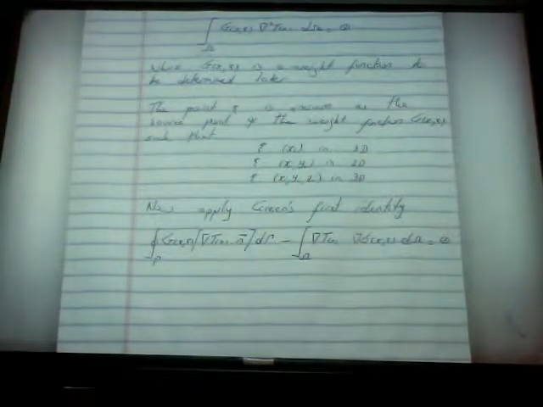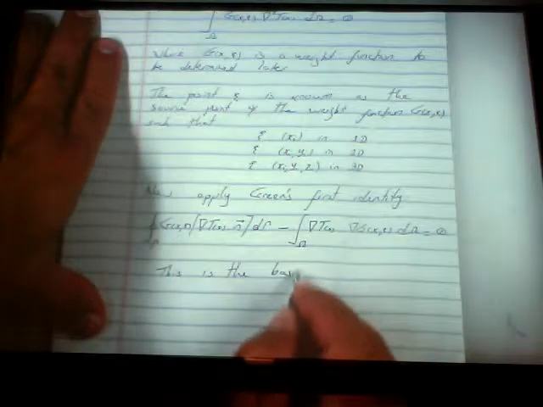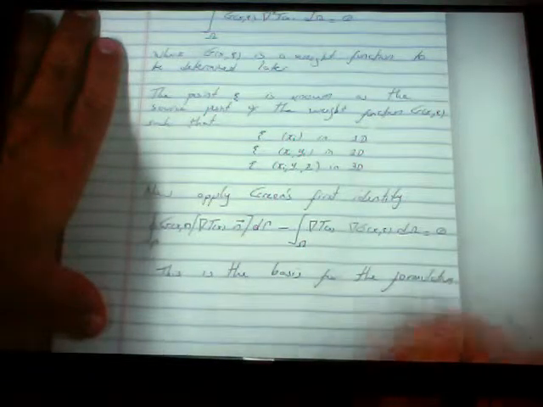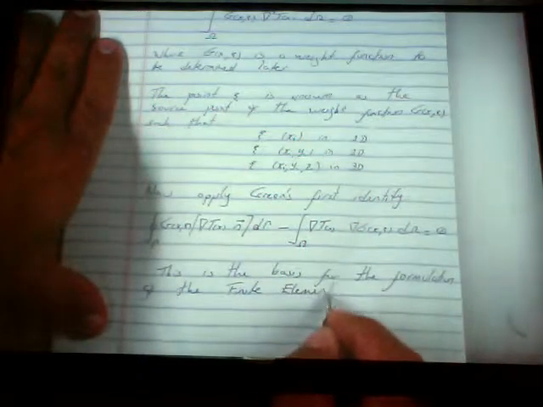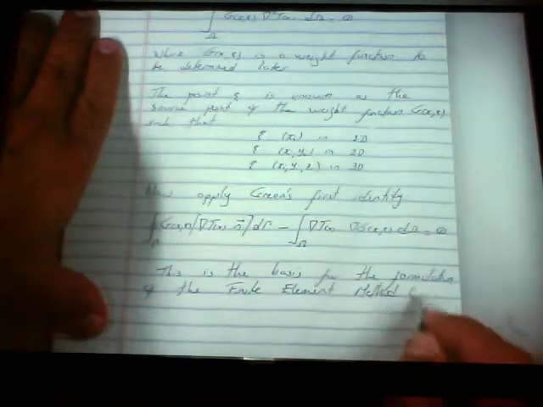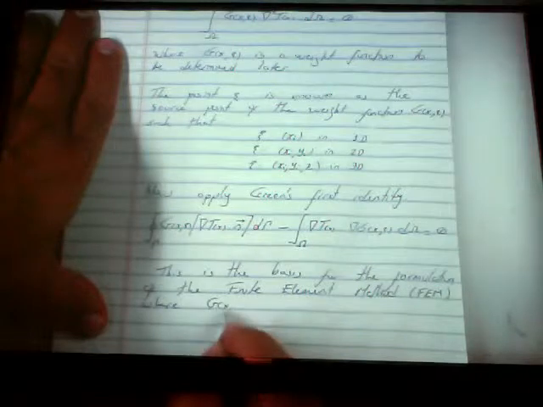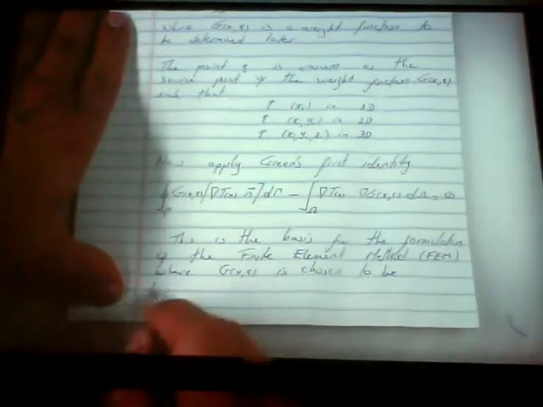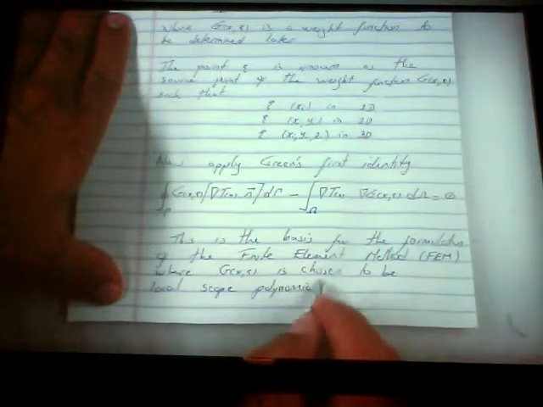All right? This is the basis for the formulation of the finite element method, FEM, where G is chosen to be local scope polynomial shape functions.